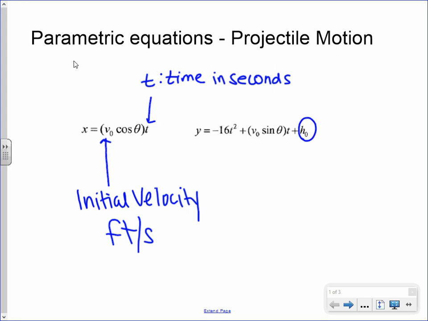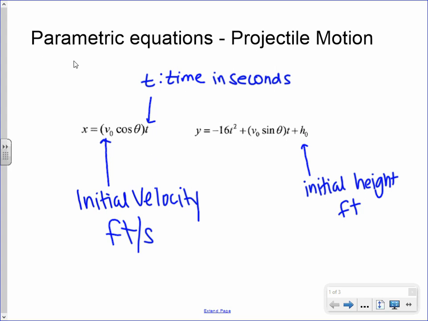H naught. Okay? H naught is initial height. Notice how the initial height is only in the y equation because it's a vertical measurement. Well, then we have theta.